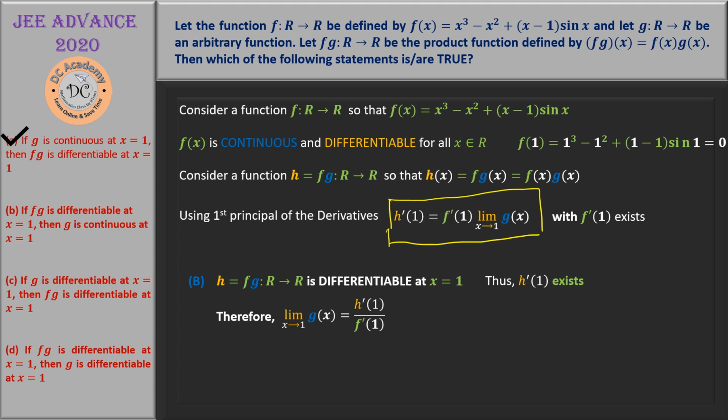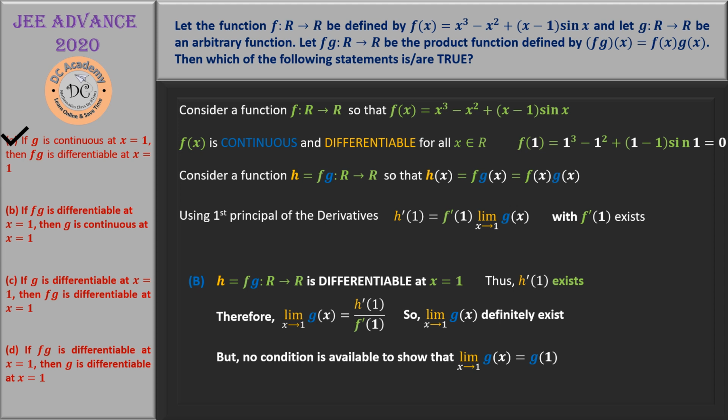Now notice that by our analysis the numerator and denominator of the fraction both exist, but there is no condition available in this problem by which we can say that this is equal to g(1). So we are not able to say that it is a continuous function.